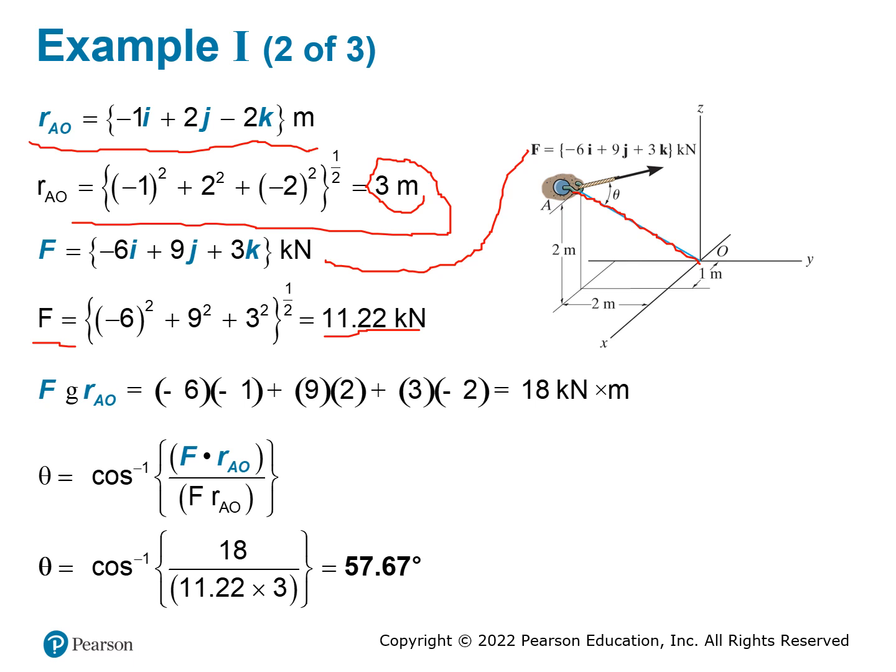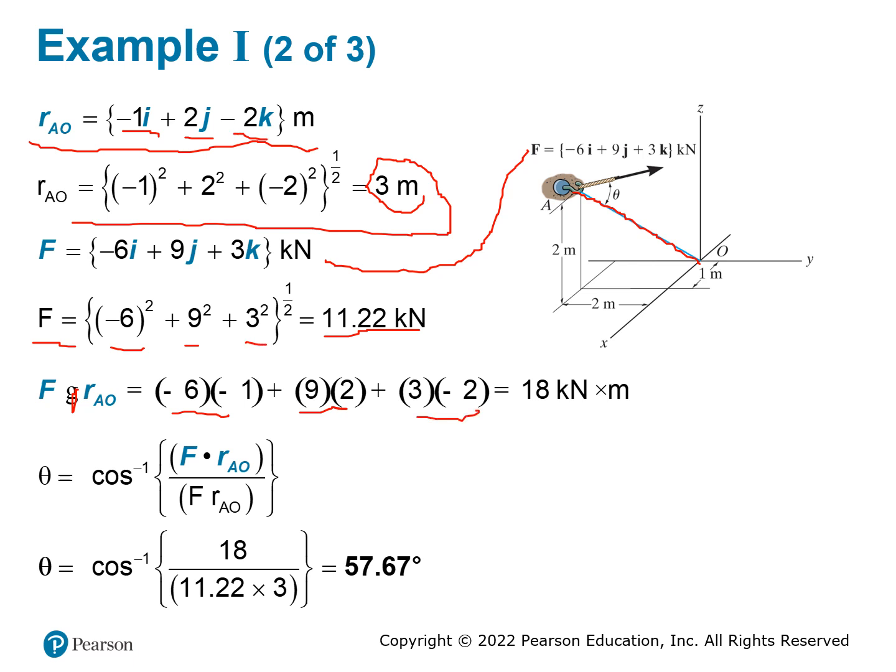Then you do a dot product, F dot r_AO. How do we do a dot product? You take the same component multiplication. So negative 6 times negative 1 is this one here. Then you have 2 and 9, and 3 and negative 2.